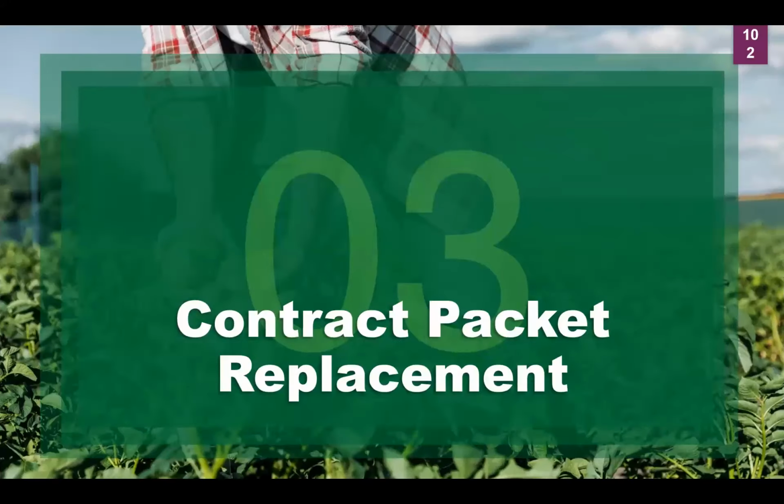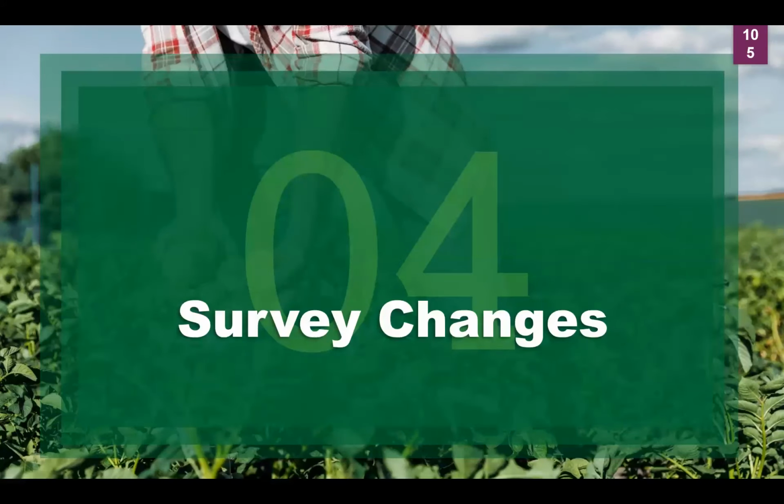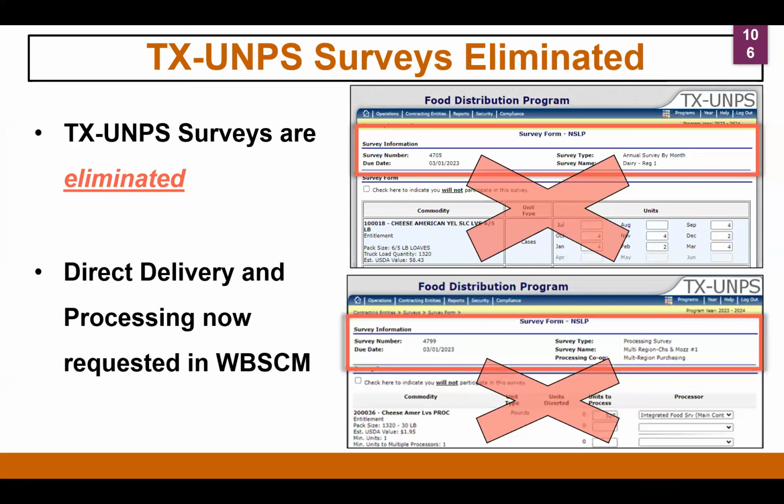So let's look at that contract packet a little closer. Again, that's eliminated, but you will answer yes to A25 within your NSLP application. That's it, pretty easy. Surveys: before, we would go into TXUMPS and enter a survey.